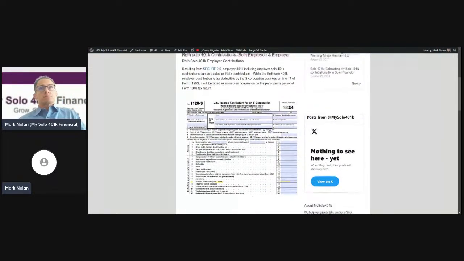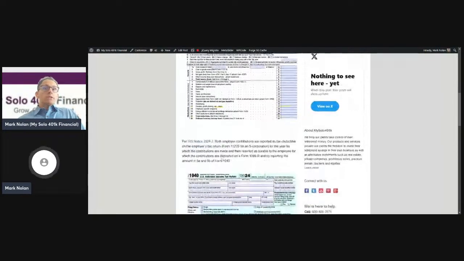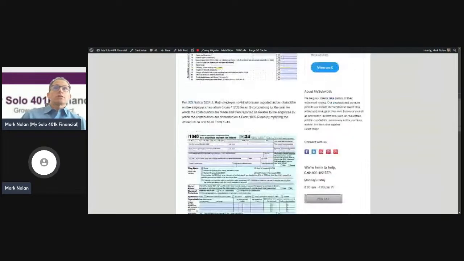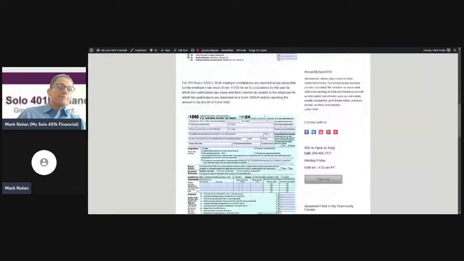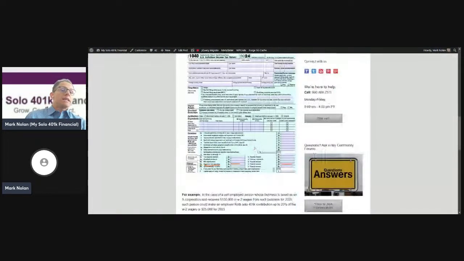Now, what's going to happen after that is you're also going to need to report that $25,000 of employer Roth solo 401k contributions on your Form 1099-R.